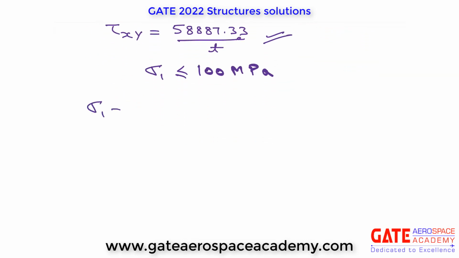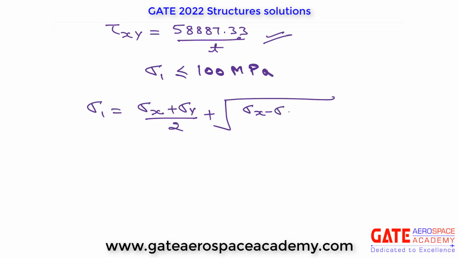So sigma 1 is equal to, we know that formula, (sigma x plus sigma y) divided by 2 plus under root ((sigma x minus sigma y) by 2) square plus tau xy square. So sigma y is 0 here also.